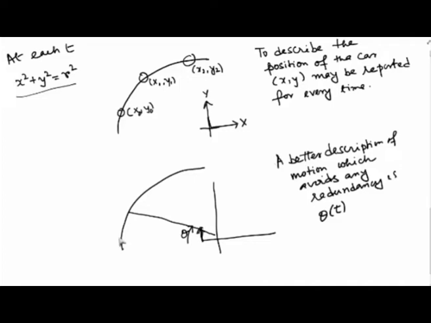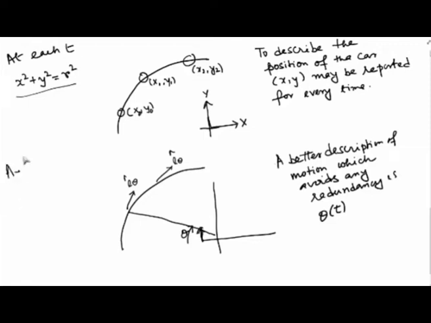But in this case, as we know, there will be a centripetal acceleration which will not be along the direction of theta. So the theta direction at each point will be like a tangent. The unit vector in the theta direction is this. So as you will see in detail, the velocity will always be along the theta direction, but the acceleration will not necessarily be along the theta direction.